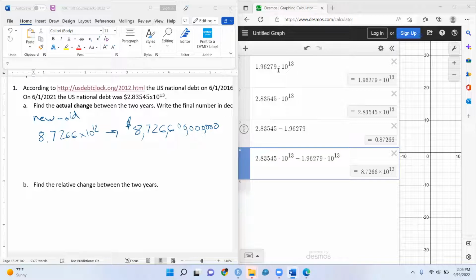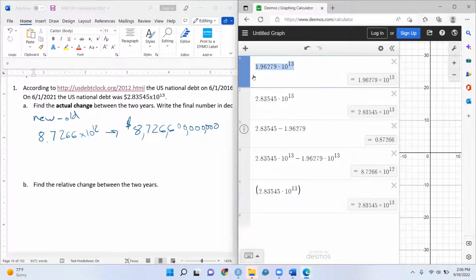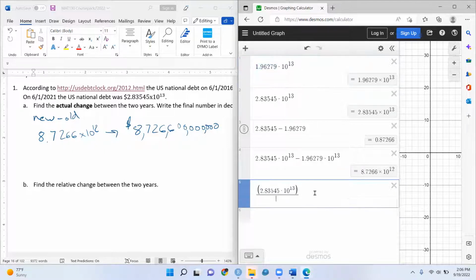Well, yeah, you didn't answer the question here, but that number is how many times bigger the 2021 value is relative to the 2016 value. So it's 1.444601 times bigger, right? It's just a 1.4 increase.